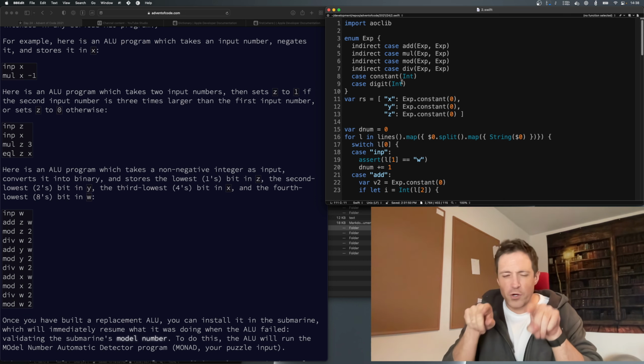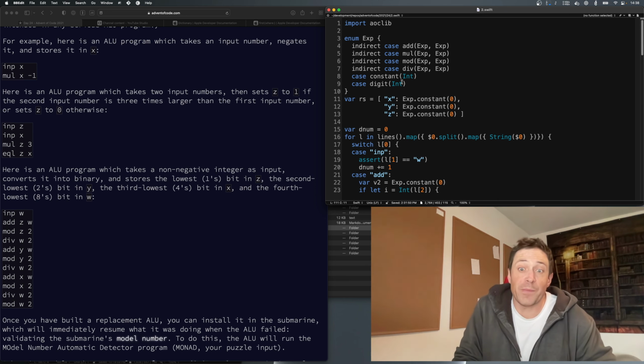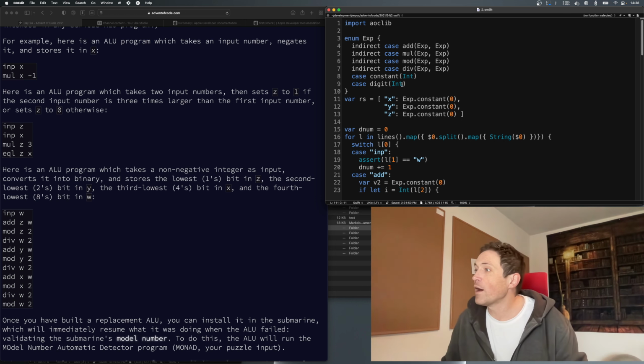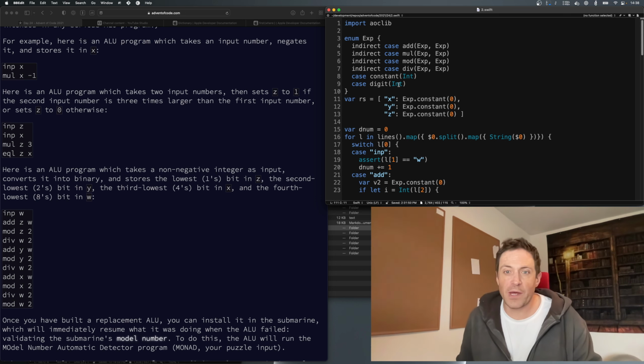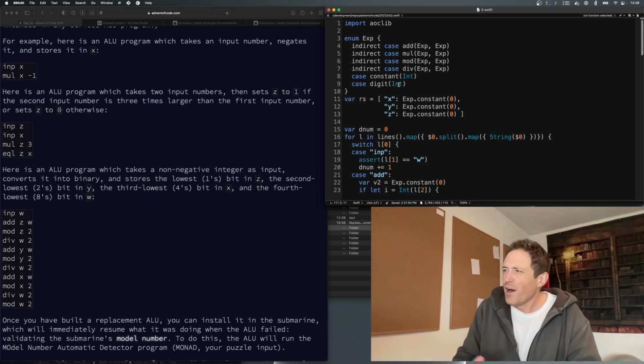Because sometimes you don't know what values they have, but it's pretty straightforward to prove that they couldn't possibly be equal. I mean, just in my little hand simulation of this thing, we had realized that because digits always have to be between 1 and 9, if you take one of these digits and then add 26 to it, it's clearly not going to be equal to 1 or something.